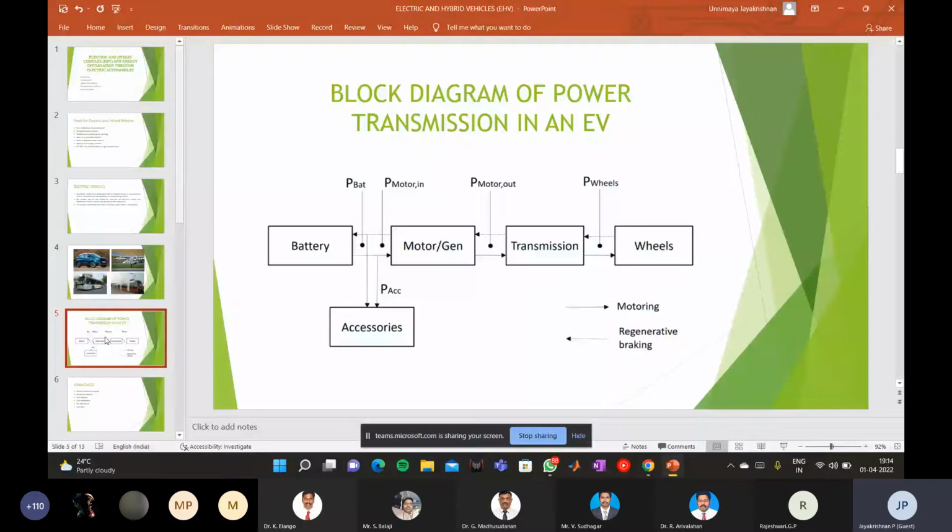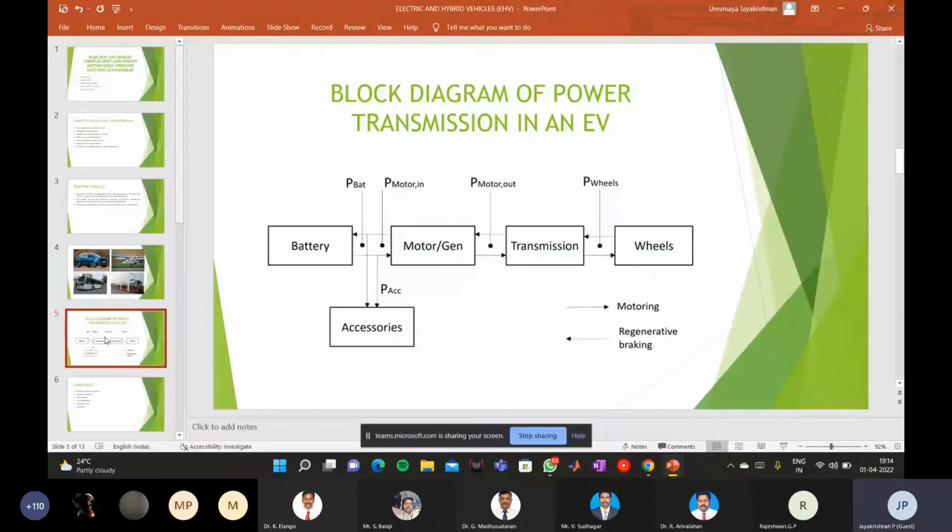Also, while this EV is running and the brake is applied, a small amount of energy will be regenerated and go through a generator and come to the battery. I will explain that a little more from my experience while running this EV.